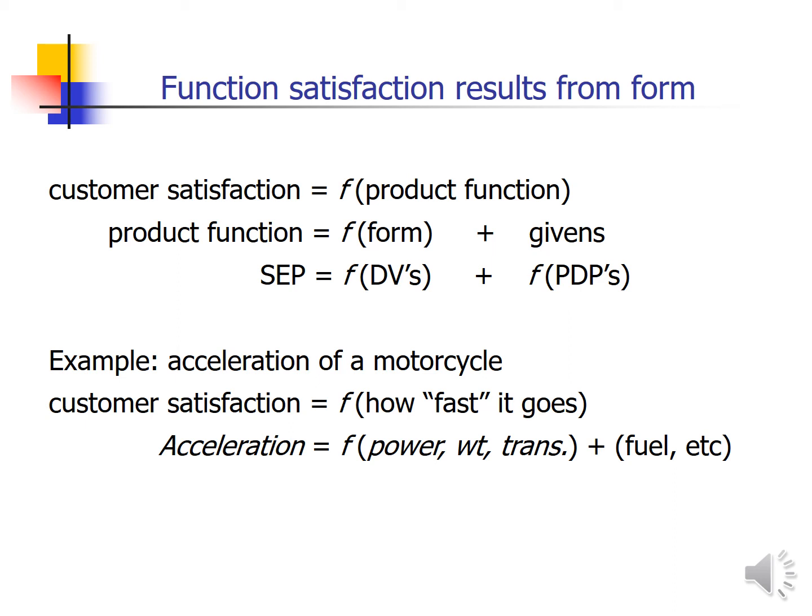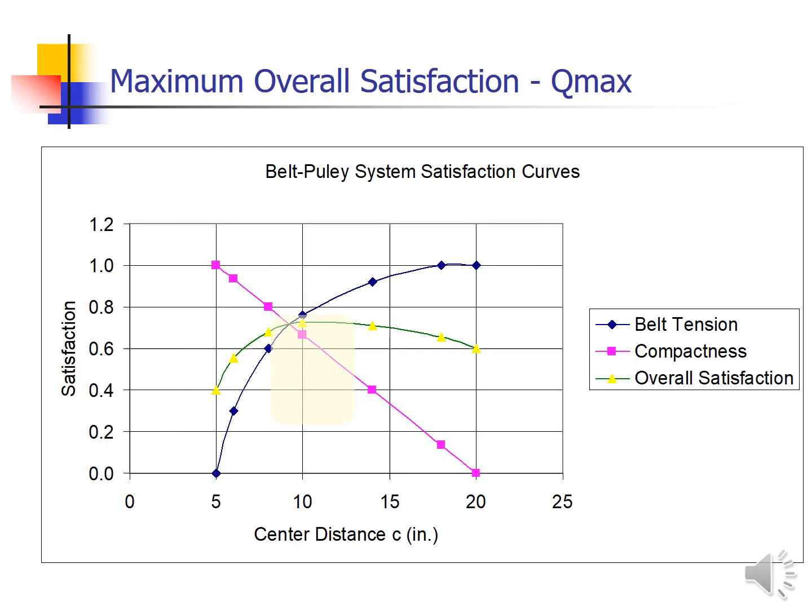Customer specification is how fast, how many kilometers per hour, and also the additional acceleration is a force, power, weight, and transmission, plus fuel consumption and so on. This is during the customer specification. Here we can also add the specification for the distance.